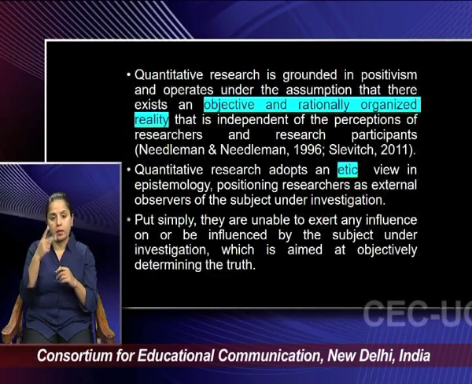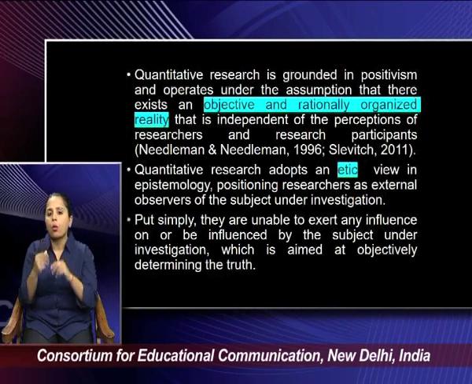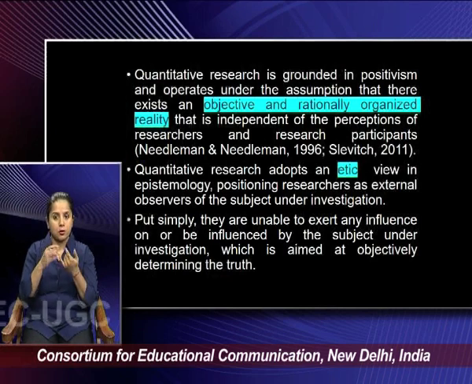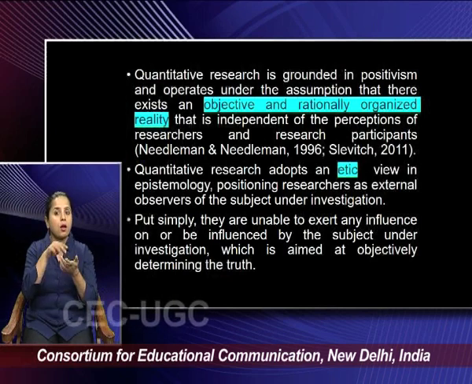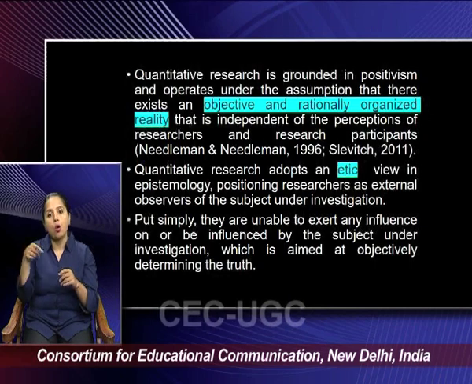Quantitative research adopts an etic view in epistemology, where the researcher positions himself as an external observer of the subject under investigation. Put simply, they are unable to exert any influence on or be influenced by the subject under investigation, which is aimed at objectively determining the truth. So, this is about quantitative research.